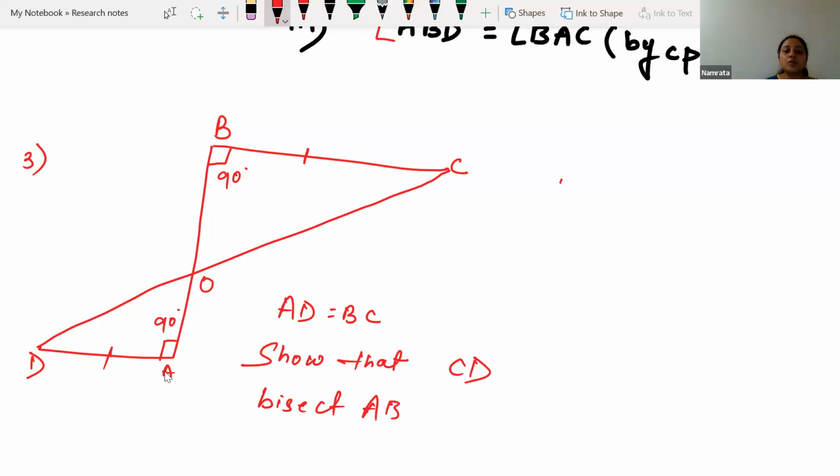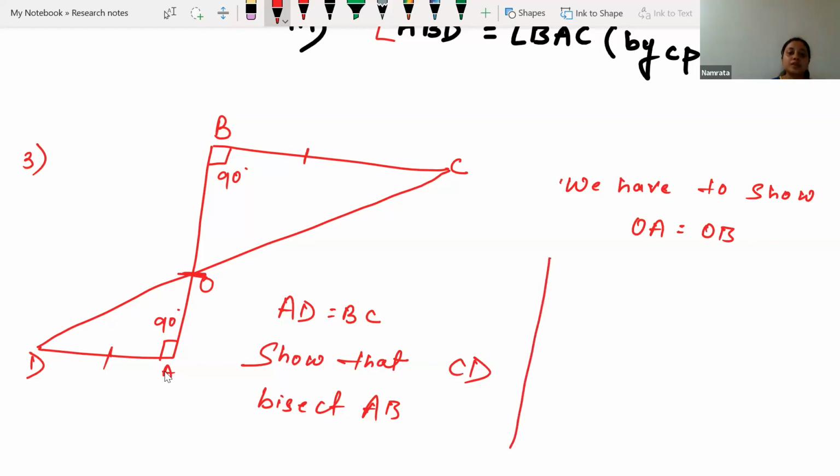So we have to show OA is equal to OB, because AB is getting cut by CD in two equal parts. So at O, can you see it is cutting it in two equal parts? OB is equal to OA. That's what we have to show, right? That is the meaning of bisection.